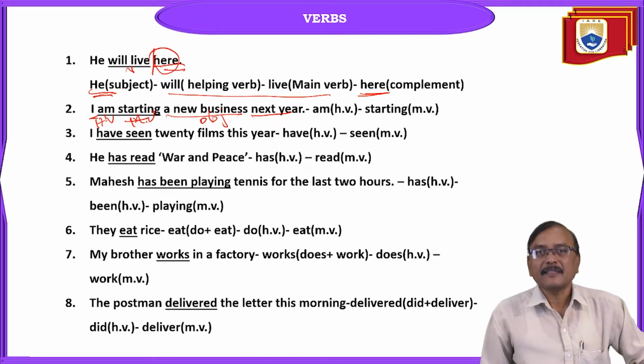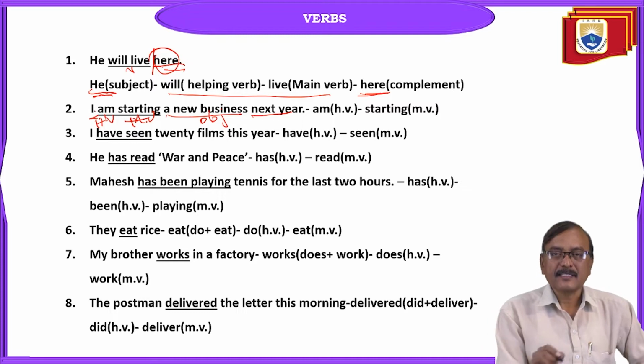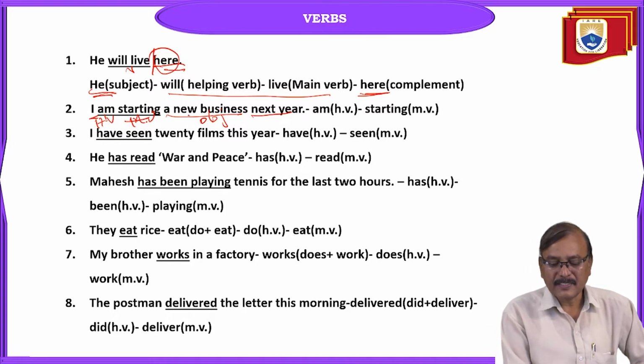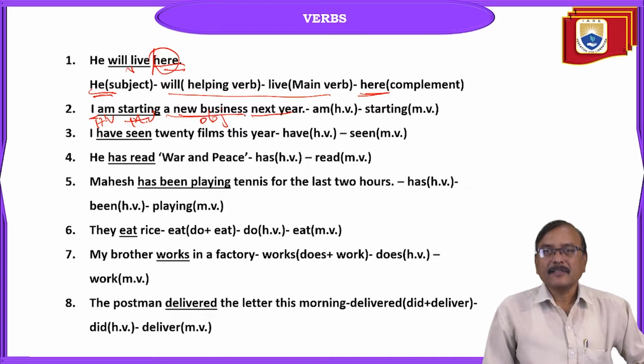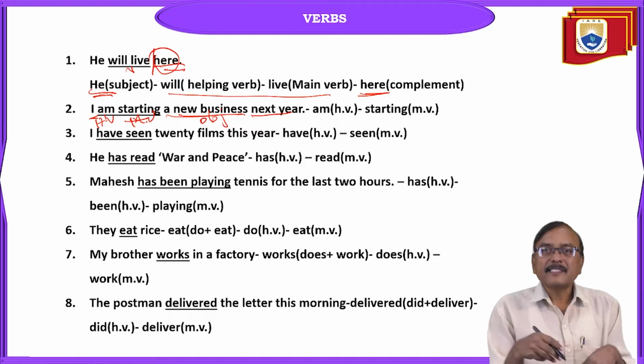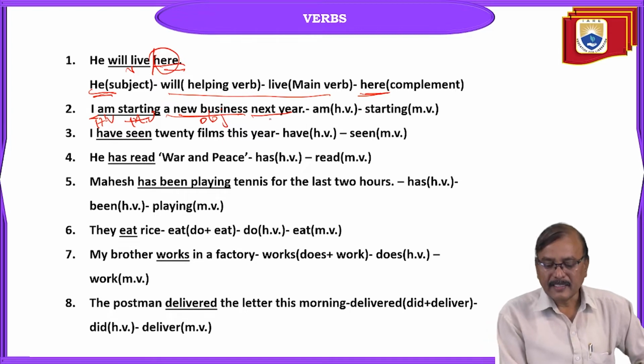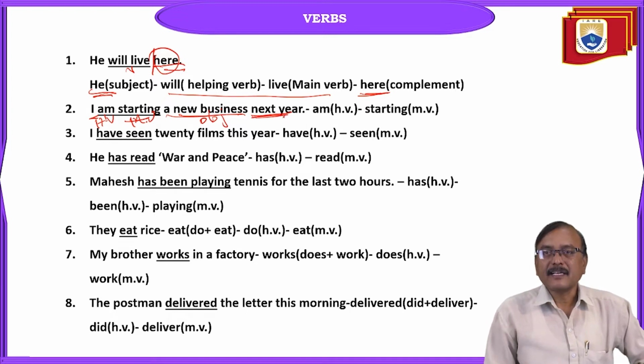Who is starting here? I. So I is considered as subject. So what is being started? A new business is being started. So new business is the receiver which is going to be started. That is called object. And next year is an adjunct, or you can say extra or adverb.